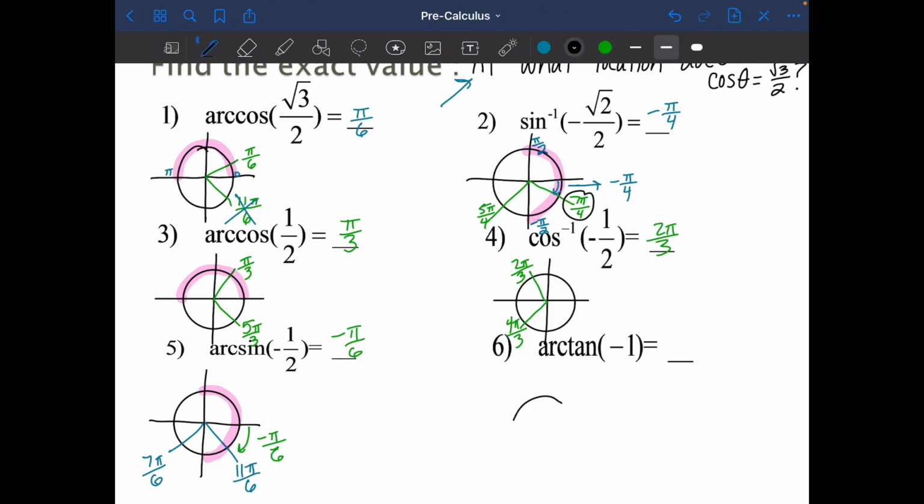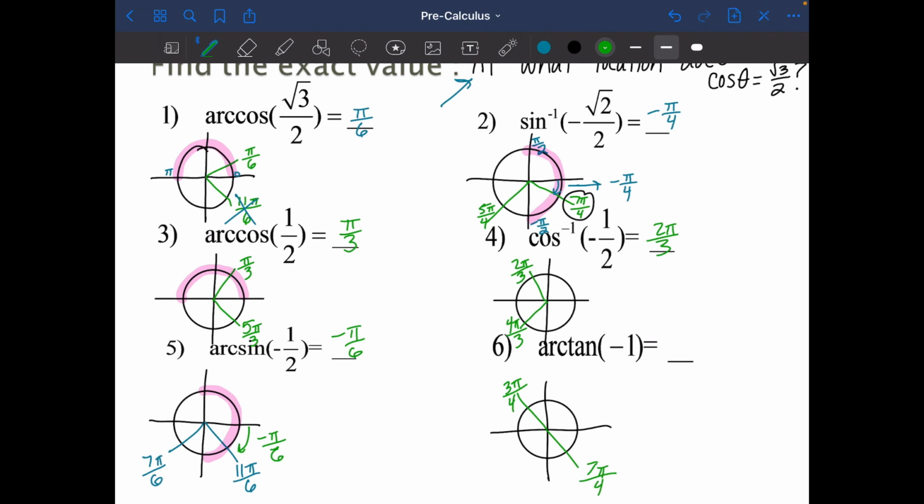For tangent of negative 1, tangent is negative in two places, in quadrant 2 and quadrant 4. So tangent's equal to negative 1 here and here, which are at 3 pi over 4 and 7 pi over 4.